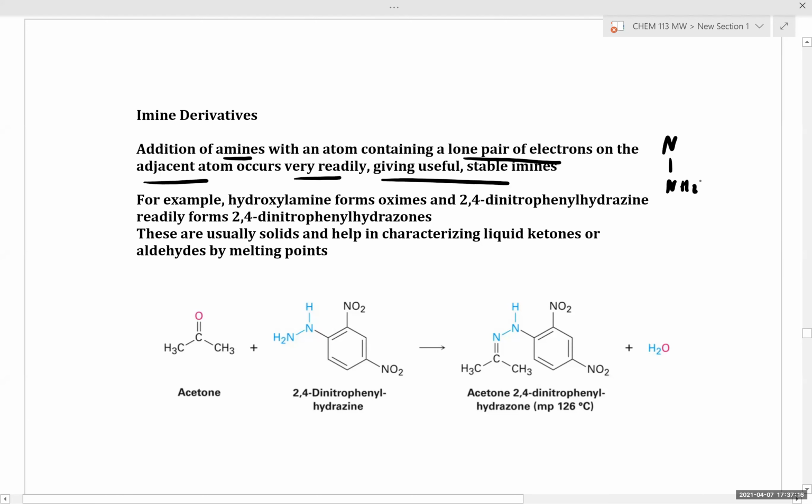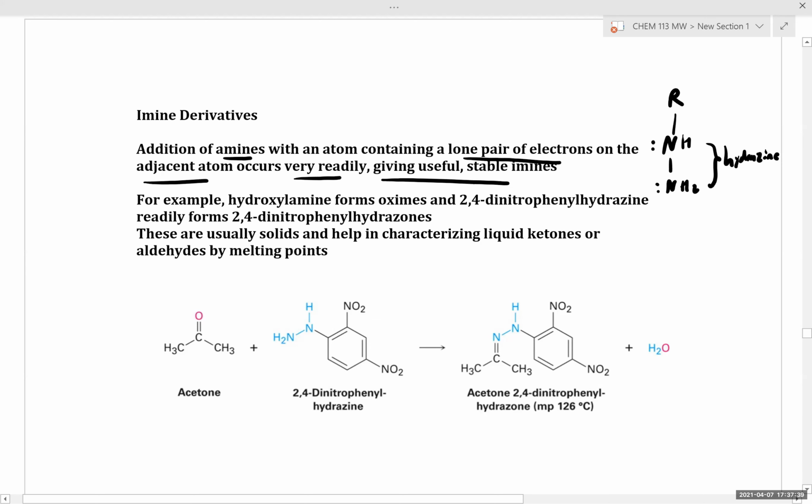Classic examples of this include structures known as hydrazines. In this case, because we have an electron-rich nitrogen adjacent to our nucleophilic nitrogen atom, imine formation can occur quite readily. You'll see a wide number of hydrazine derivatives.